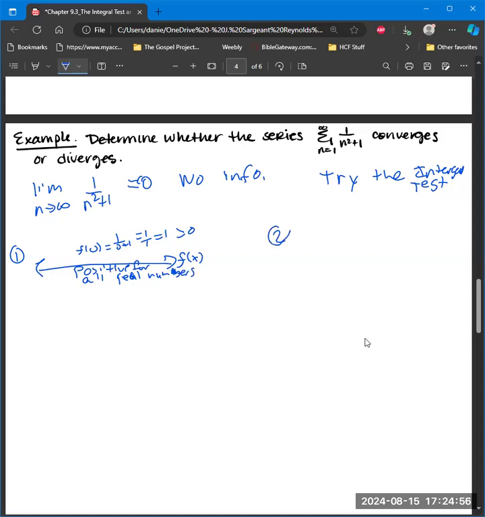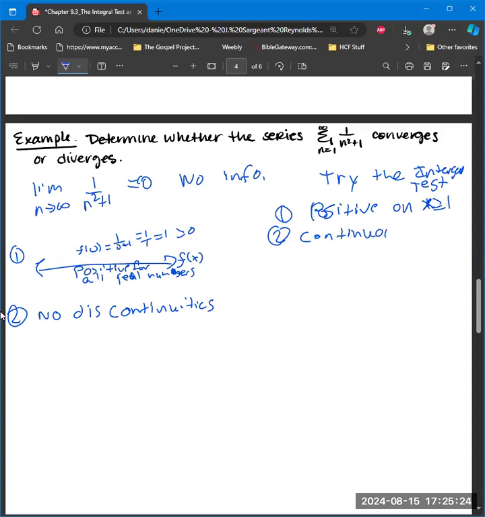So yes, positive on x greater than or equal to 1. Let's check continuity. There are no discontinuities. So continuous on x greater than or equal to 1.